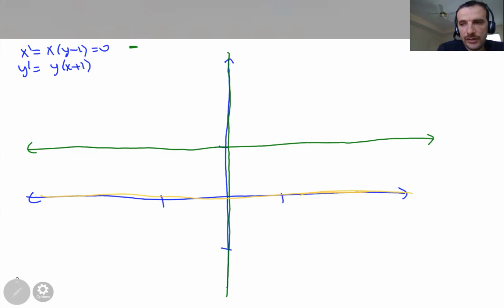And x is equal to minus 1 is this, right? Let me double check. Okay. First of all, the intersection of these null lines are the critical points, right? Remember the critical points? 0, 0, minus 1, 1, right?